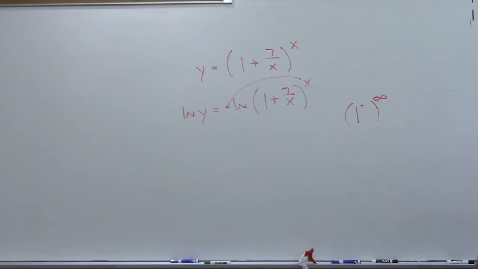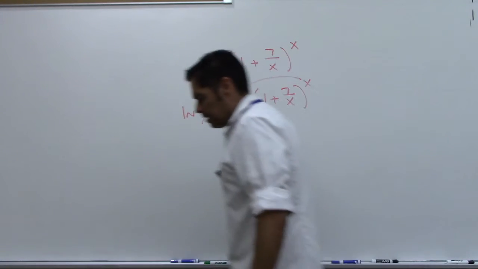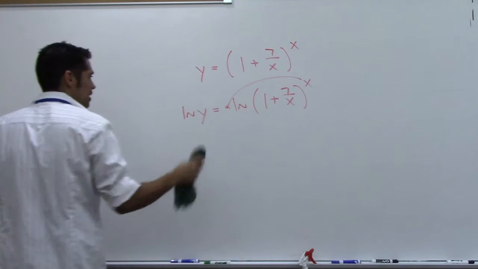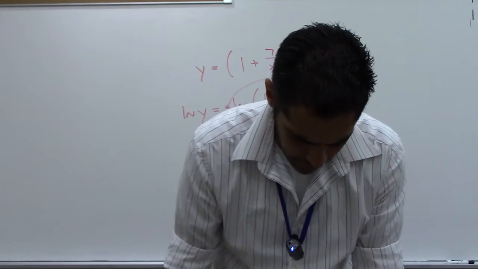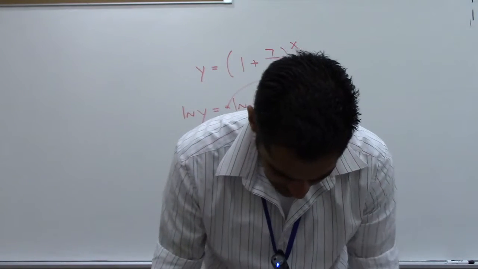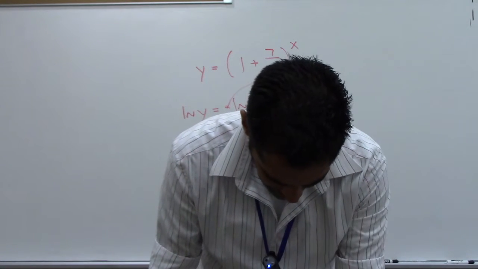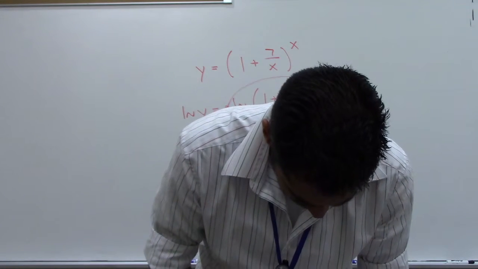If you want, look in my YouTube playlist for my Cal 1 videos this semester on L'Hopital's rule. I don't remember if I put the title of those sections in the videos. I think it's 2.7.